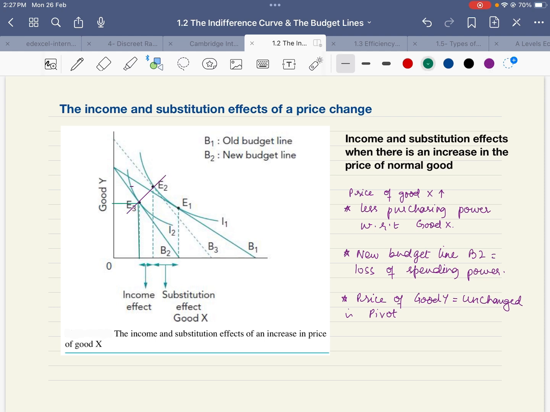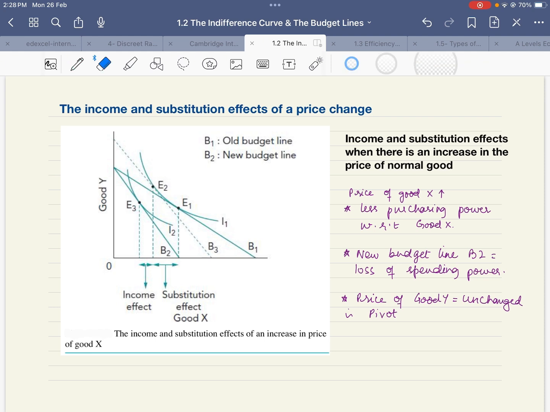Because real income decreases, the consumer is consuming this quantity of Y, but at the old budget line, the consumer was consuming this quantity of Y. So we can see that income effect and substitution effect are both demonstrated in the same graph.